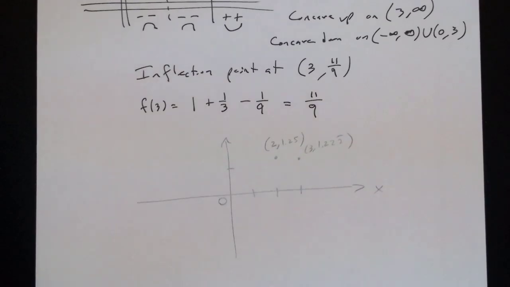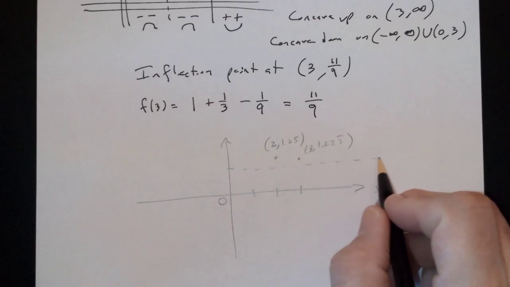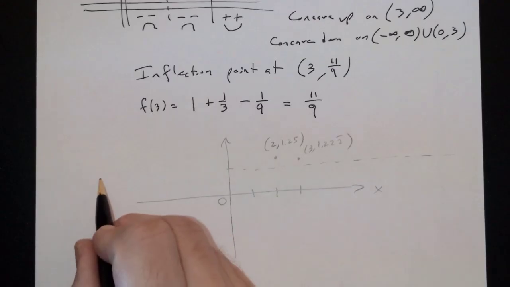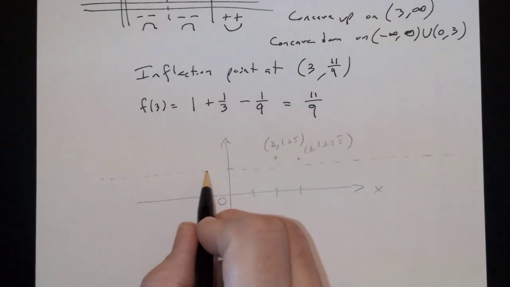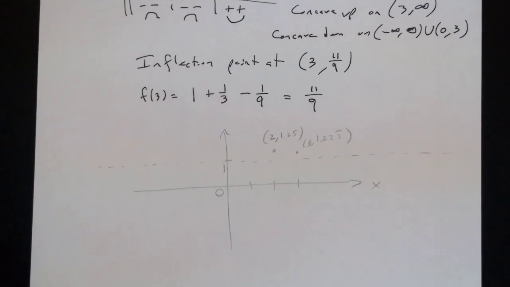I also know as I keep going out in this direction, there's a horizontal asymptote there. There's also a horizontal asymptote on this side in this direction, at a height of 1. Oh, joy.